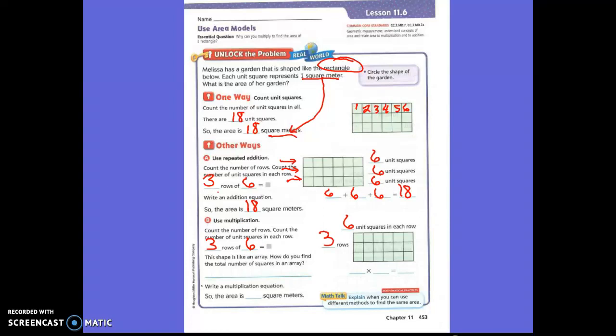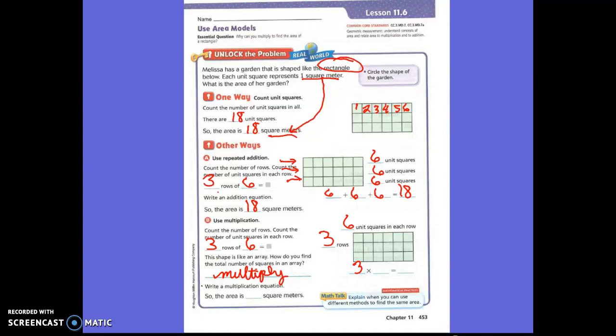Okay? So this shape is like an array. How do you find the total number of squares in an array? Multiply. You multiply, right? Yes. Okay. So you're going to multiply the number of rows, right?